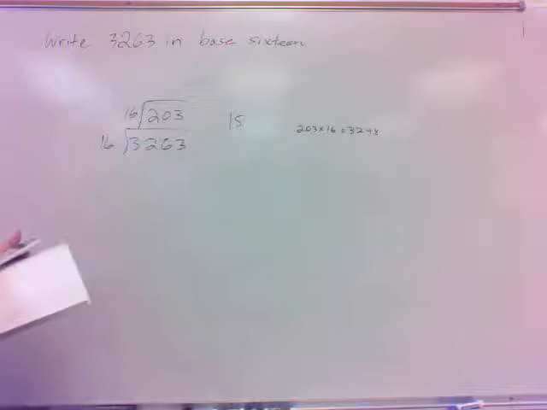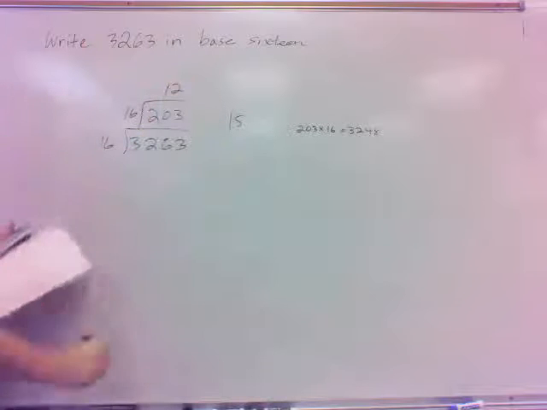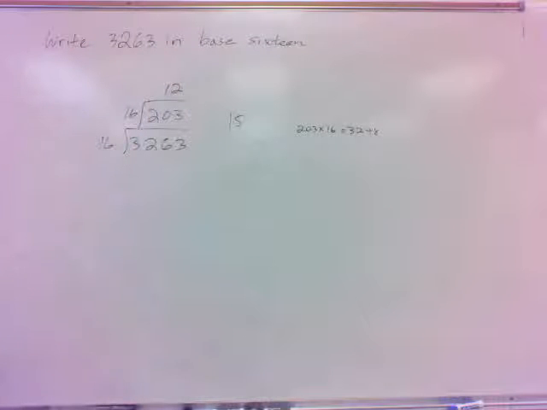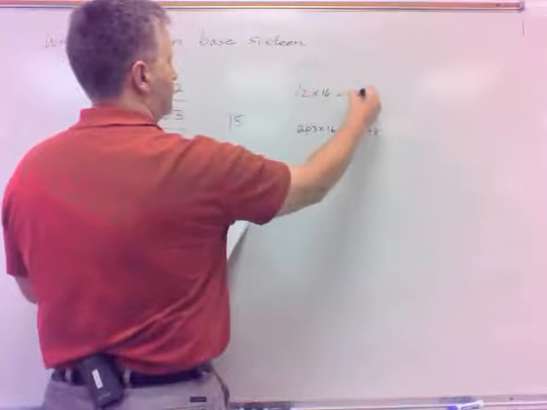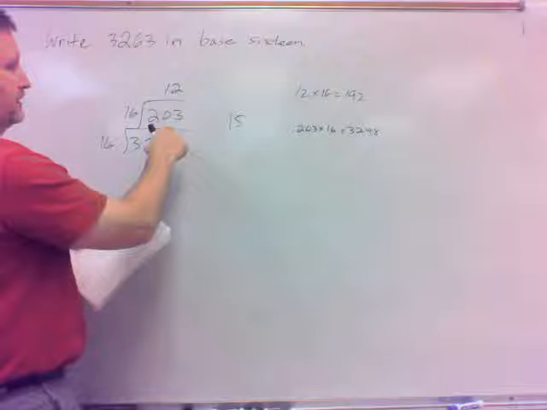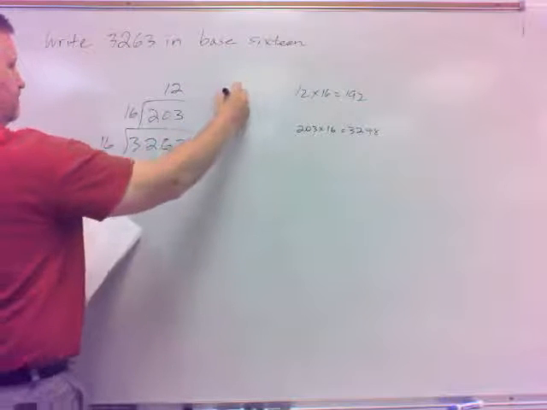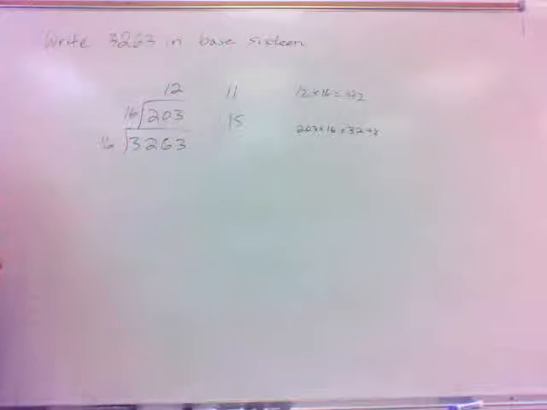203 divided by 16 goes 12 times. What's the remainder there? Well, 12 times 16 is 192. So my remainder would be 11. Is that right? Okay.